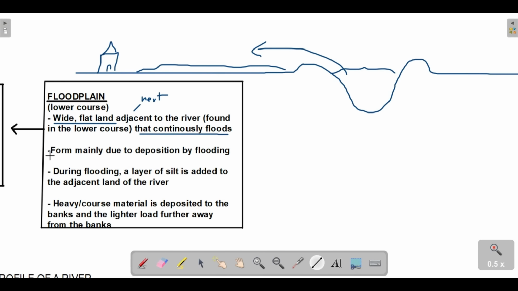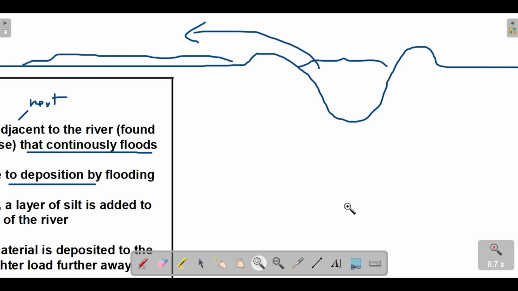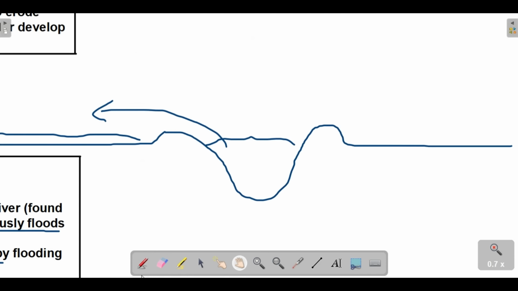Now, a floodplain forms only due to deposition, a deposition that is caused by flooding. You can imagine this when it floods. If it's going to flood, water is going to flow from the river channel towards the floodplain, the land that is next to it.